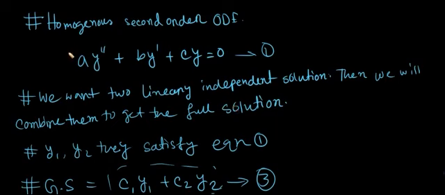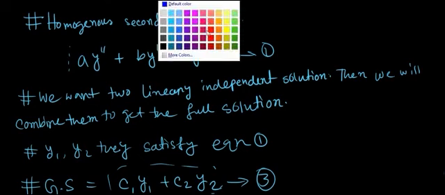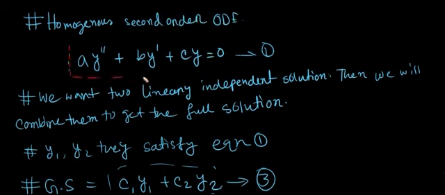Notice that this equation over here, let me just use another color, asks us to find some y that, when differentiated, retains its shape, because the first derivative, the second derivative, and the function itself are a linear combination of each other.